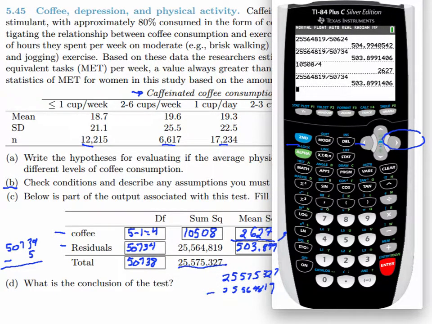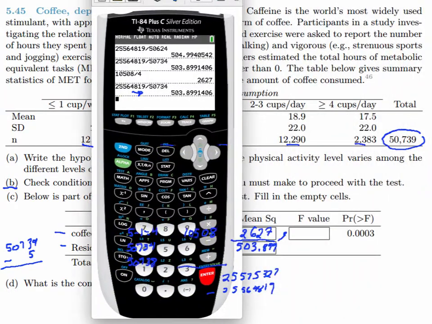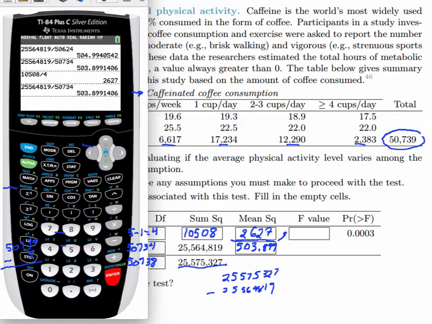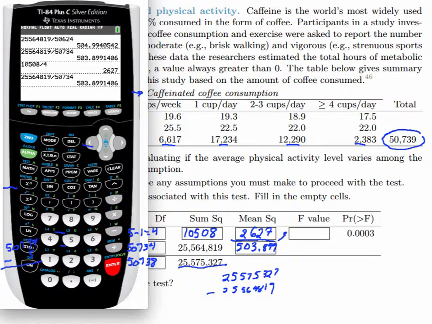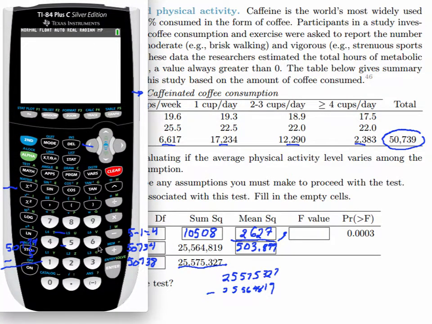We're going to take 2,627 and divide it by 503.899. When we do that, the corresponding F statistic we get is 5.213 if we stay with the 3 decimal place idea.